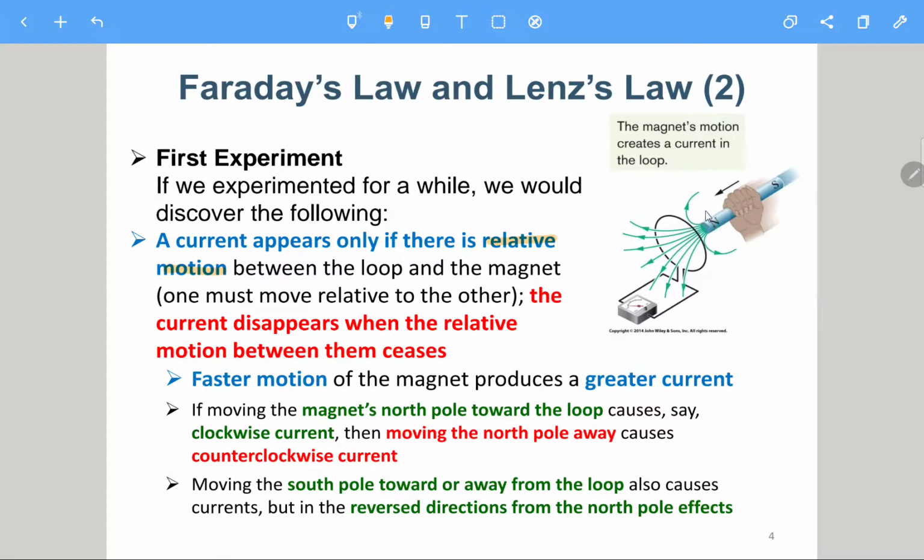So whether you move a north pole or a south pole into the loop, the induced current will be in the opposite direction. So it depends on the speed of the motion, the polarity of the magnetic bar, and the relative direction of the motion.